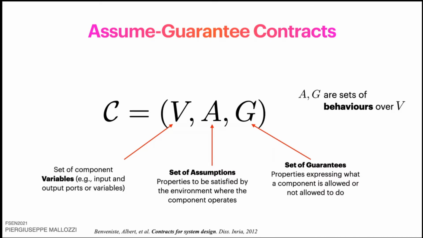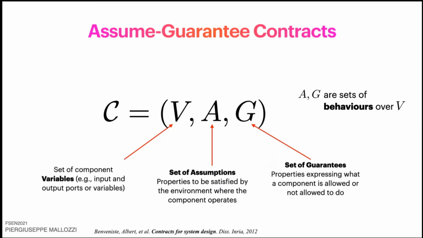These sets of behaviors are expressed over a set of variables, over a set of system components. For our purposes, we can also not talk about the variables and only define the contract as a tuple of assumptions and guarantees.